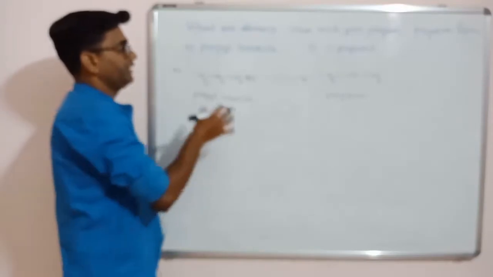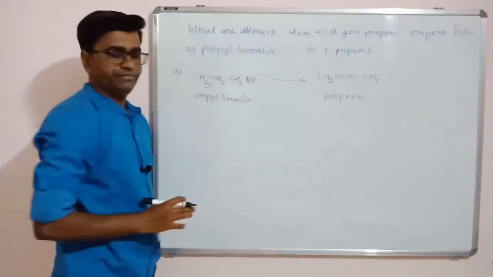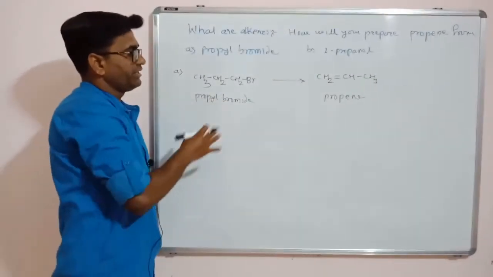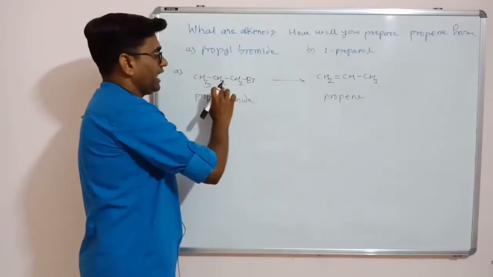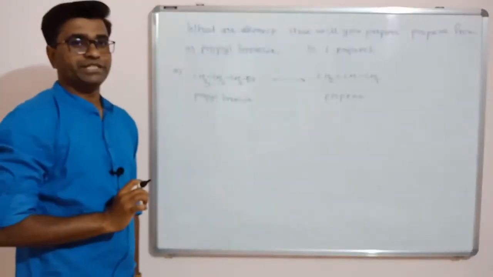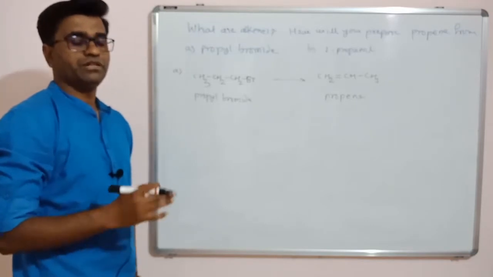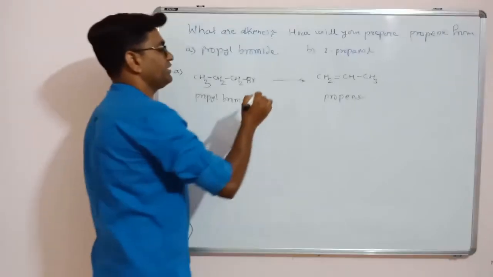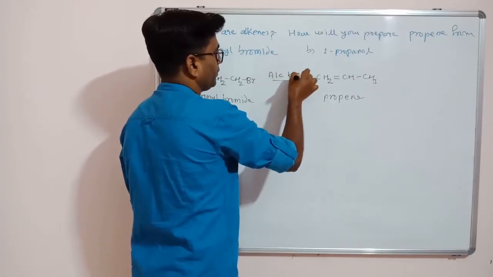So in this reaction you have to just find out what the reagent is. How will you convert this one to this one? See, check the difference. The difference is Br is not there, and 1 hydrogen is less, which means this is an elimination reaction. HBr will leave. So what is the reagent for an elimination reaction? That is alcoholic KOH.